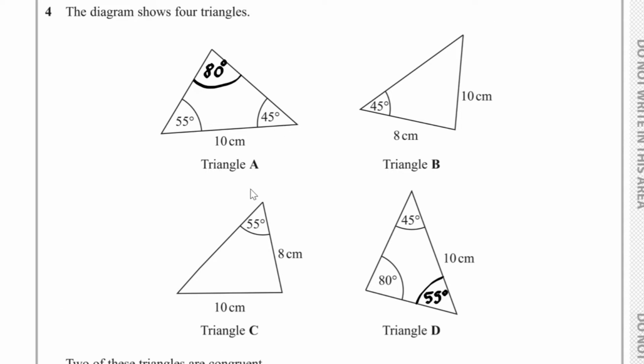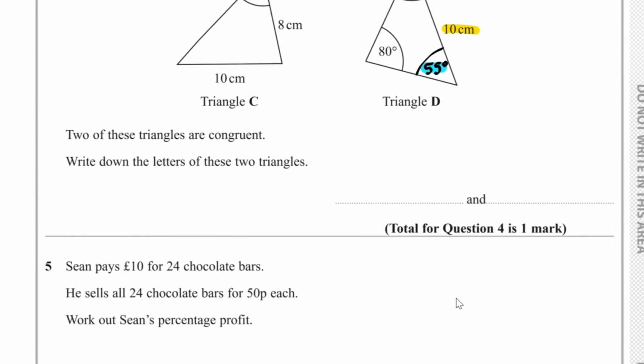Of course, that will be A and D because I've got the 10 here, I've got 10 here, 55 here, 55 here, and I've got 45 here and 45 here. And so we can conclude the triangles A and D are congruent.